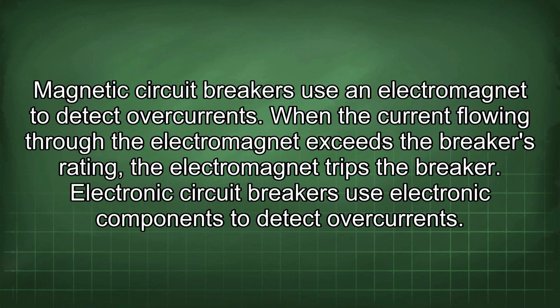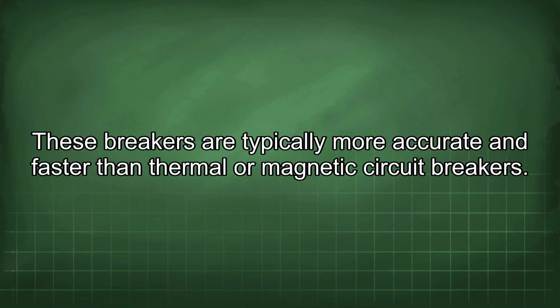Magnetic circuit breakers use an electromagnet to detect overcurrent. When the current flowing through the electromagnet exceeds the breaker's rating, the electromagnet trips the breaker. Electronic circuit breakers use electronic components to detect overcurrents. These breakers are typically more accurate and faster than thermal or magnetic circuit breakers.